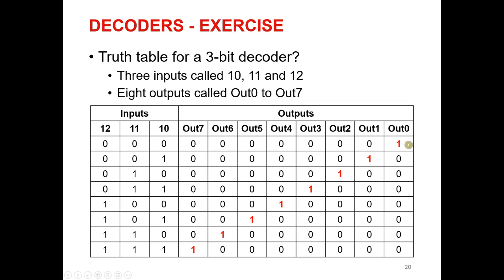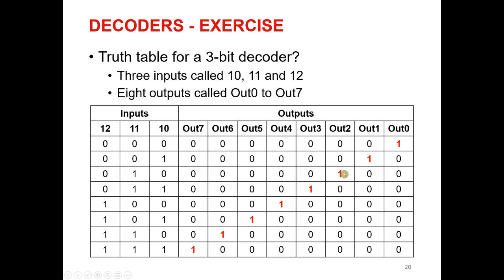If the 3 inputs are 0, we always select output 0. If the inputs are 0, 0, 1, we select output 1. If the inputs are 0, 1, 0, we select output 2.